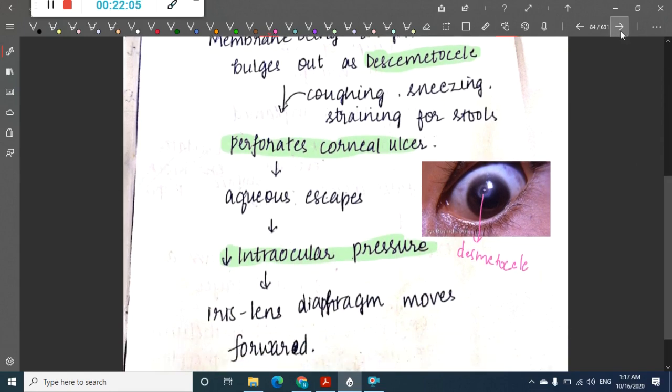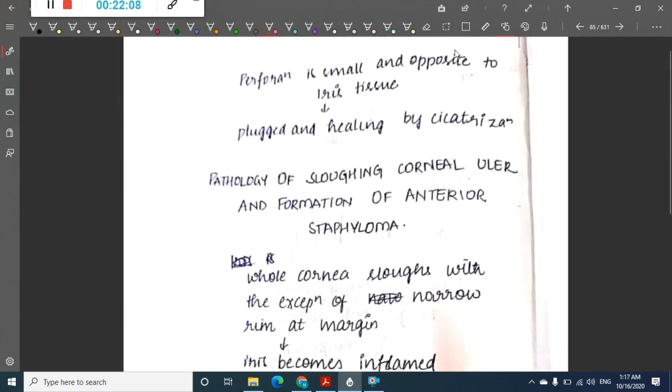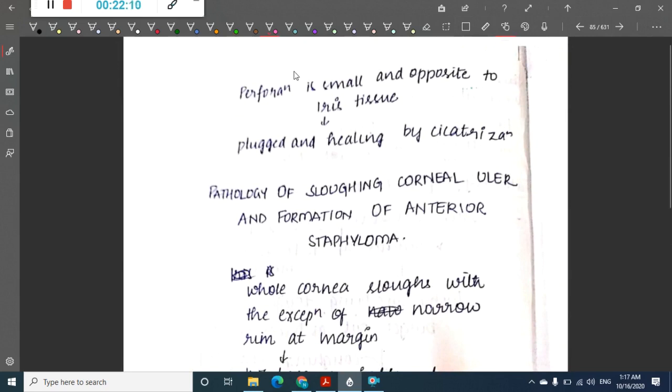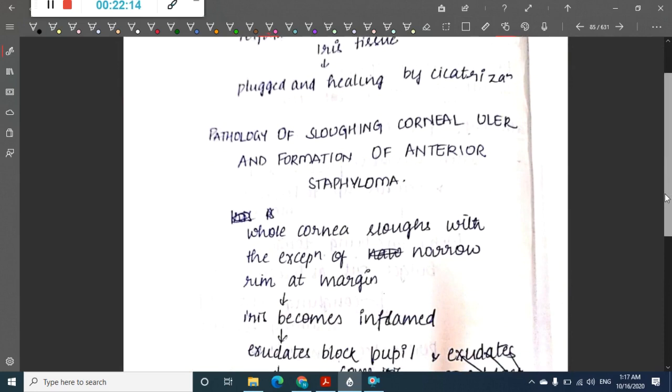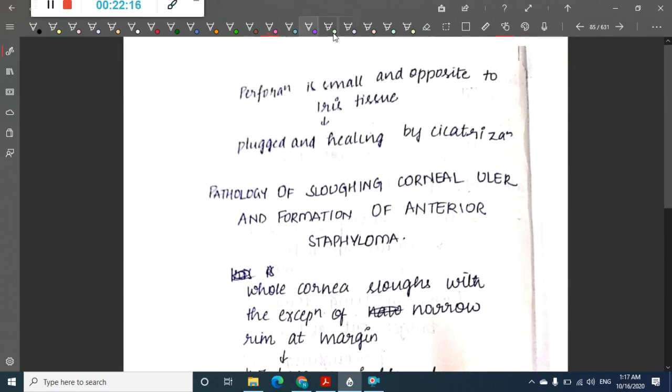Then the iris lens diaphragm will move forward. If this perforation is small and simple, it heals by cicatrization.